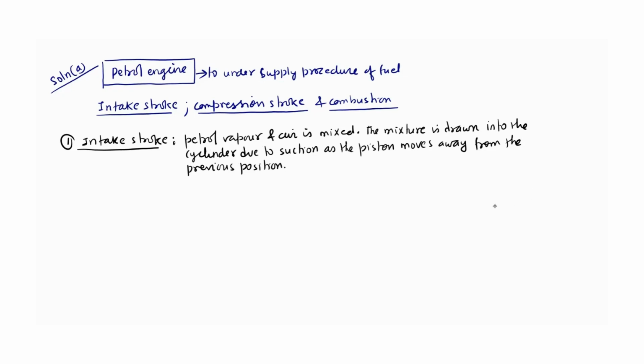So let us understand in this way. So I'm drawing. This is a cylinder, and this is a piston. The piston moves out.